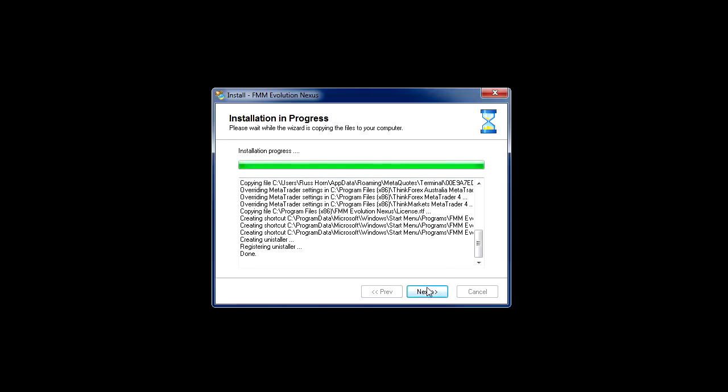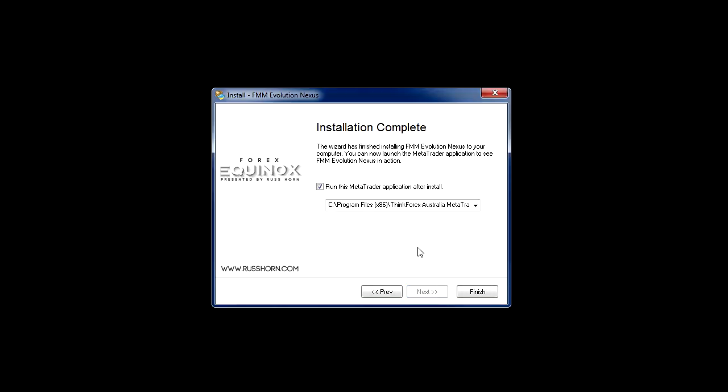It's installing, click next. And this by default will choose run this MetaTrader application. Now I don't want this simply because it runs the wrong version. So I'm going to uncheck that and then open up the appropriate MetaTrader application. For you though, you might want to keep this checked.